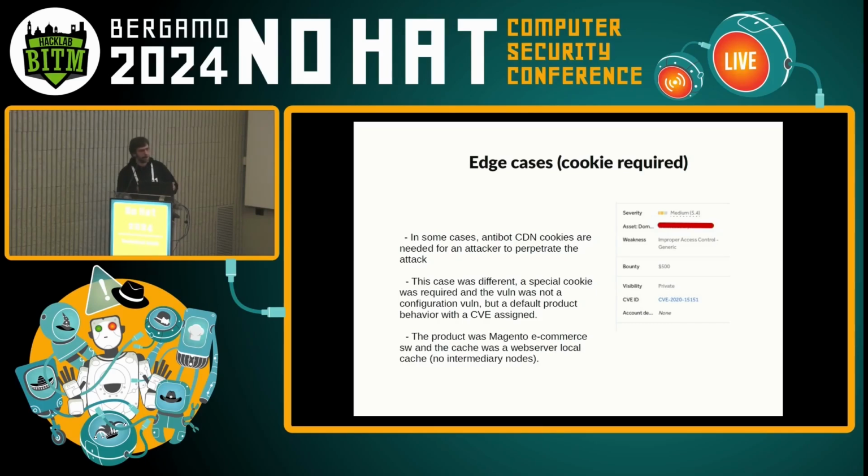But anyway, I believed him, and effectively, I discovered that this bug was a default product behavior, so this version of Magento e-commerce was vulnerable by default, and that was an interesting one.